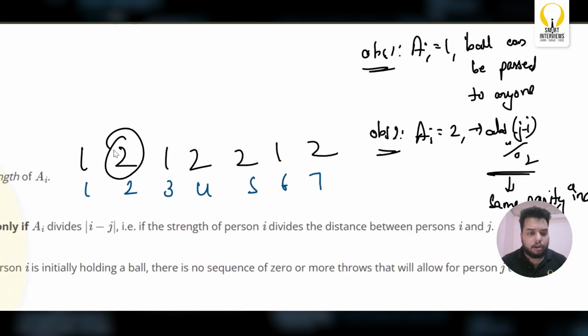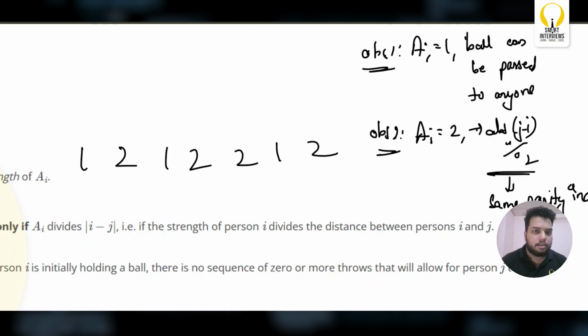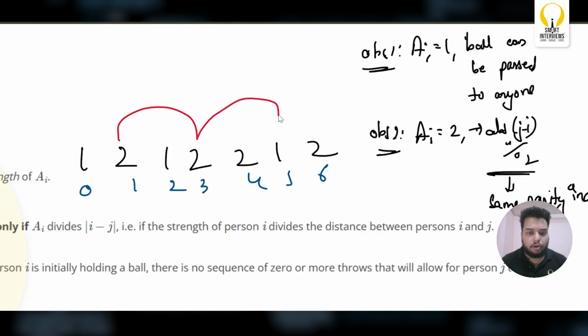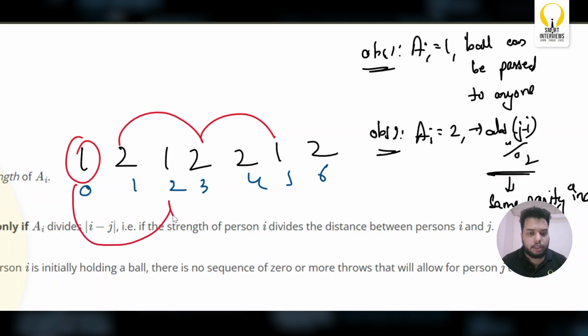So if the ball is here, if I go with the indices 0, 1, 2, 3, 4, 5 and 6, if the ball is here initially, it can be passed to all the odd points. If the ball is at even, it can be passed to all the even points. Obviously, if it is 1, it can also be passed to the odd points, but if it is particularly 2, it can be only passed to the even points.